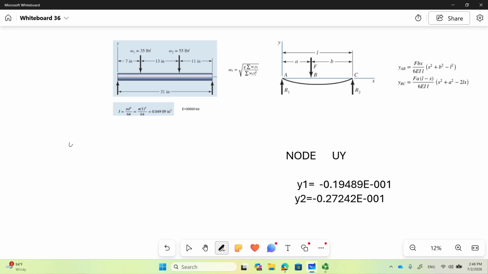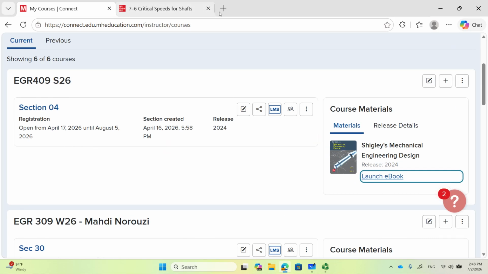Alright, so omega 1 equals radical G, then those guys. So G must be the gravitational acceleration in inch per second squared.